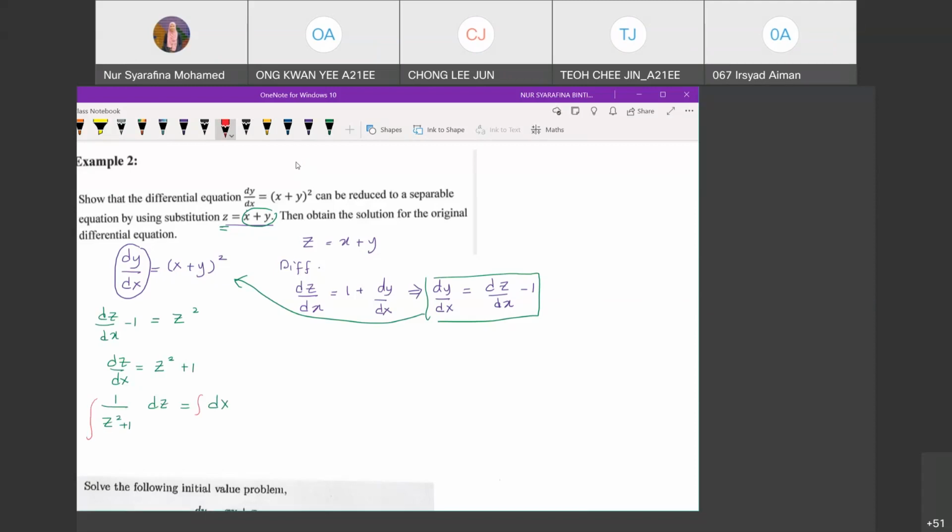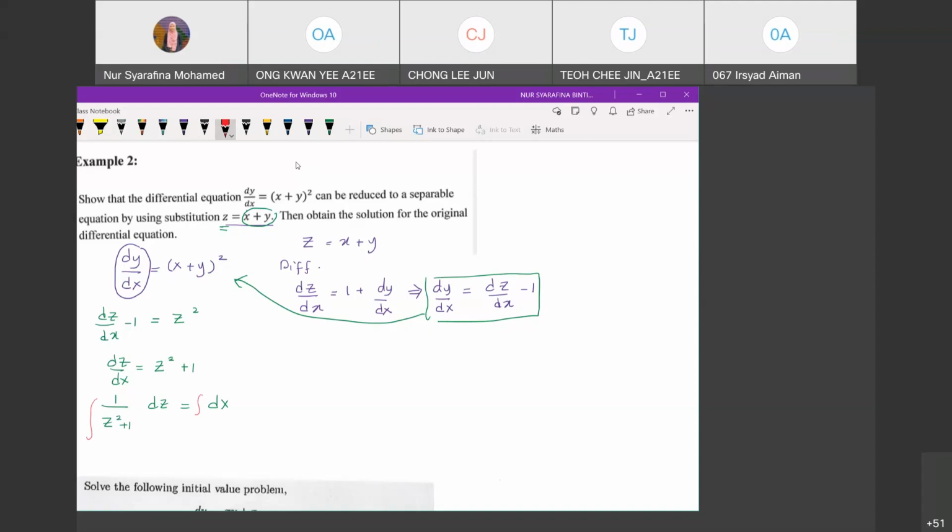Okay, try to integrate this. What should you get? Integrate 1 over z square plus 1 should be a trigonometric function there. Okay, recall back the integration techniques that you have learned. Arctangent. Okay, arctangent.